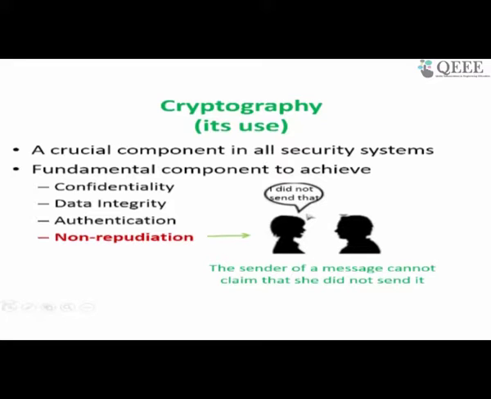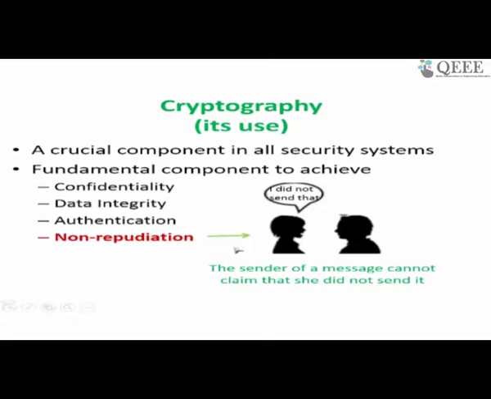This is what we do not want to happen. If this sender has made a particular statement, then even after 1 year or 10 years or even 100 years, she should not be able to change the statement she made at that particular point in time.